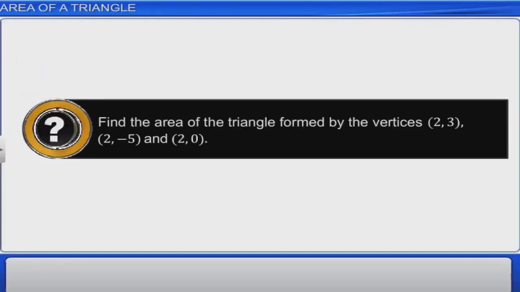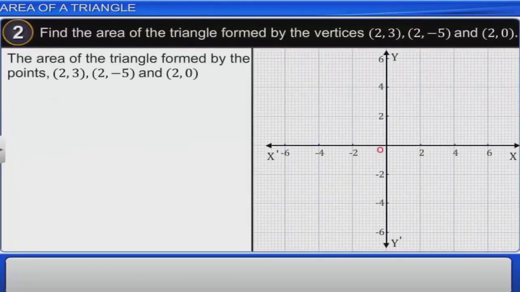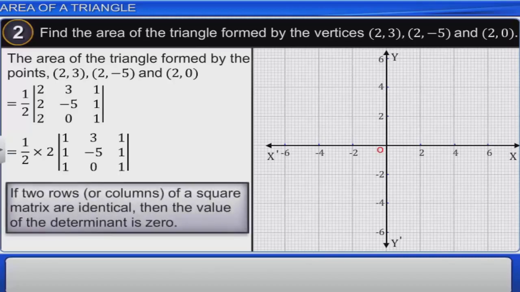What do you think will be the area of the triangle formed by 3 collinear points? Let's see. Substituting the vertices in the formula, we get the determinant as shown. Now, taking 2 common from the first column, we get half into 2 times the determinant having the first and the third columns the same. Recall that if 2 rows or columns of a square matrix are identical, then the value of the determinant is 0.